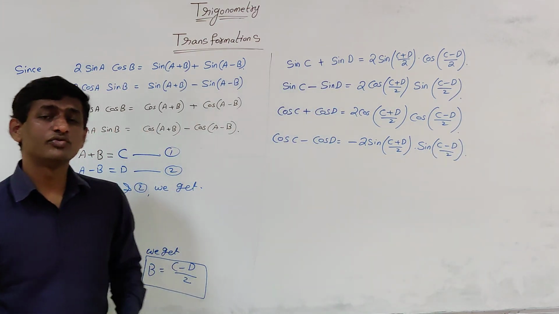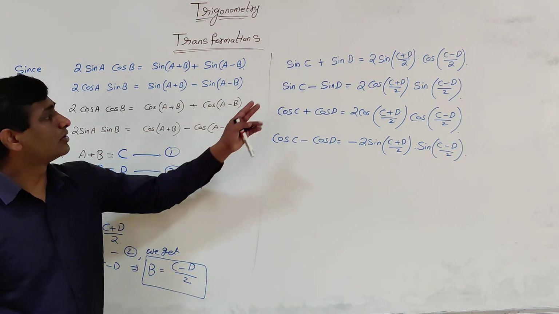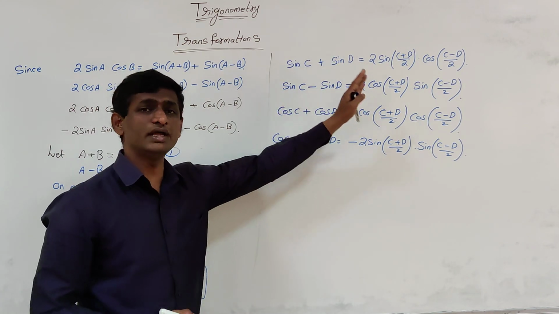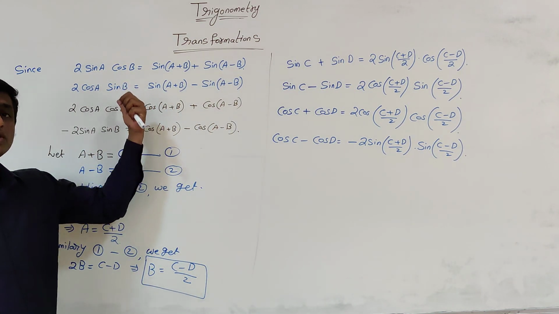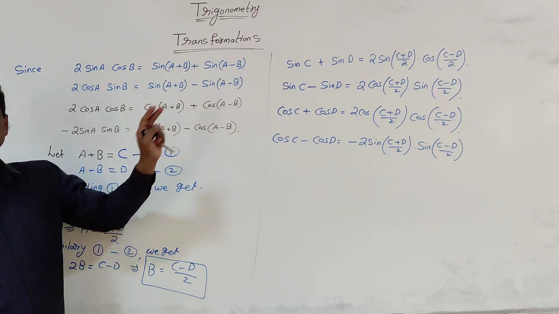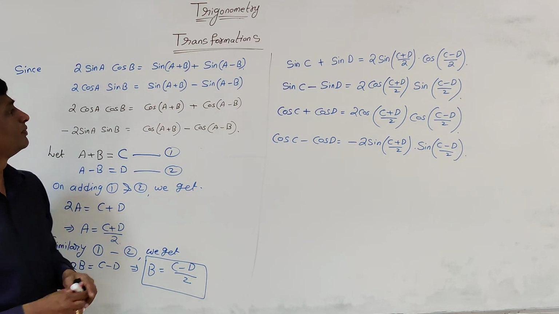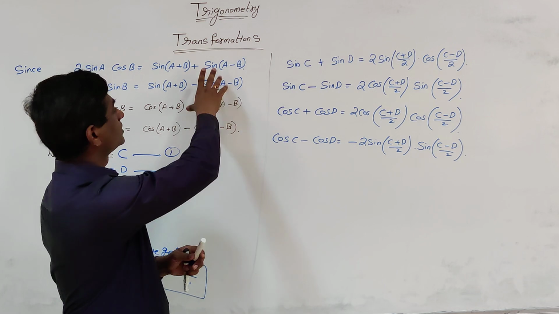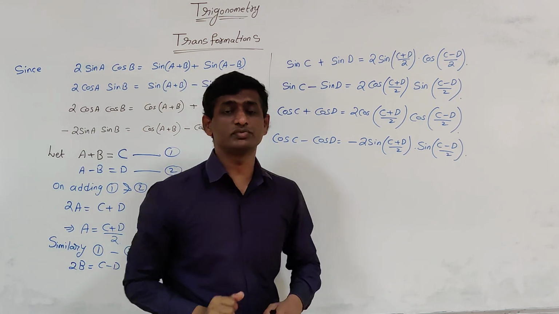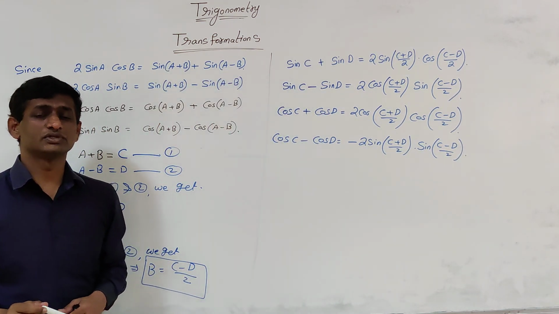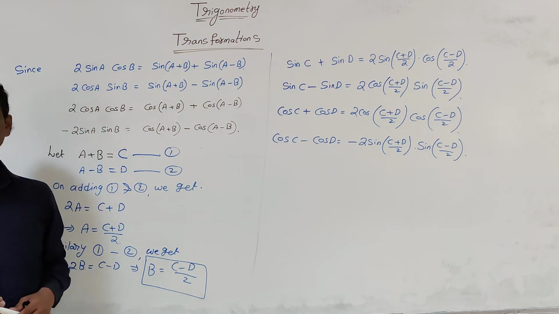So these are the 4 transformations of sum or difference to the product, and these are the 4 transformations of product to sum or difference. Now based on these 8 transformations, we will see the problems given in the exercise of Telugu Academy.